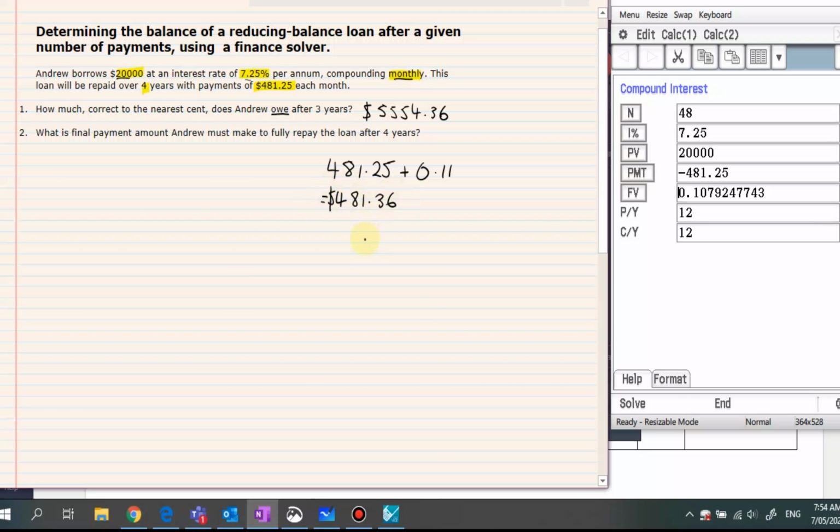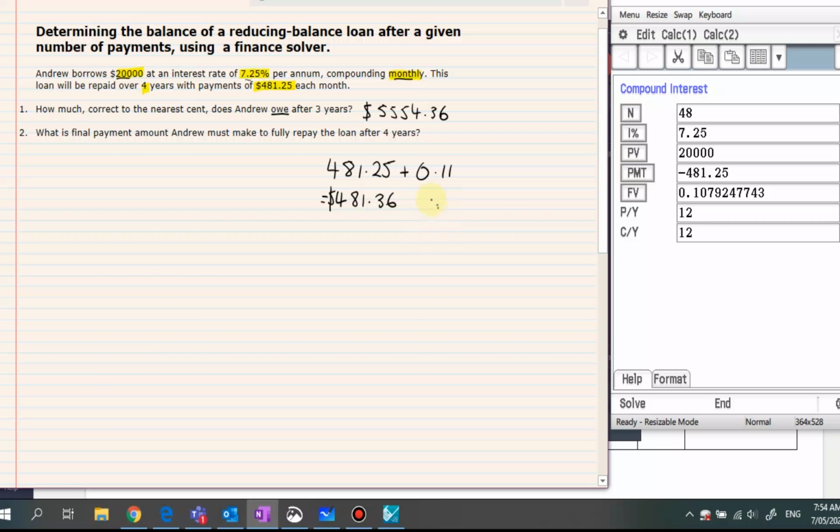So that will be his last repayment. Remembering that when the interest is accrued, the payment's taken at the end of that. So after his interest is accrued for his last repayment, he still has that 11 cents left over after that's paid. So if we add that to his last repayment, he'll be all done and dusted.